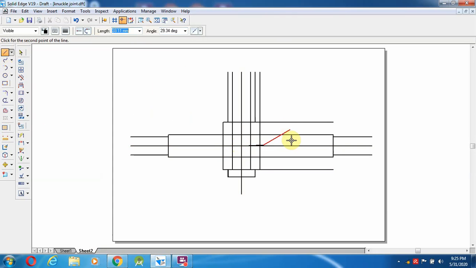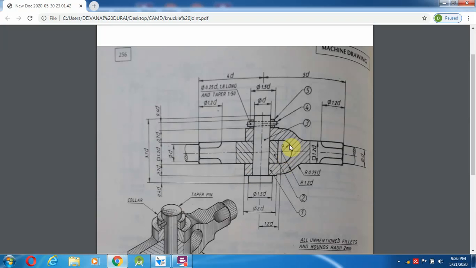I draw, select a line from here to 24 mm and select an arc by center point method. So from here to, what diameter we have to do, from here to radius, so radius means it goes to here, that is 1.2D, so 24 mm, so radius is 12 mm. Okay.